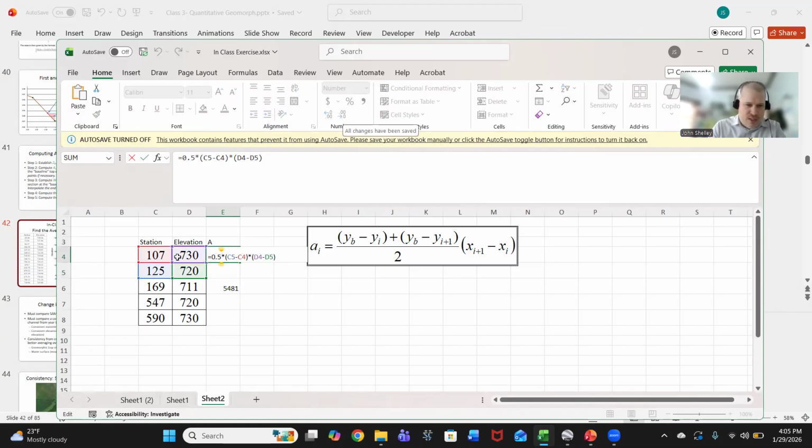So the triangle is these two, and then this one, I'm just going to drag my formula up so that now it corresponds to that trapezoid, and then this trapezoid, and then I will end up again with the area of a triangle, this final triangle, which will be from here to there, from here to there.